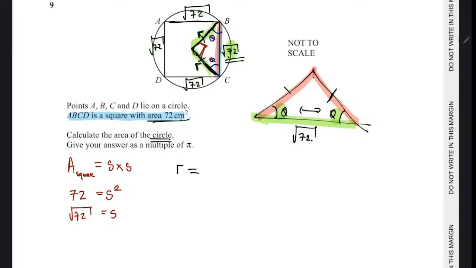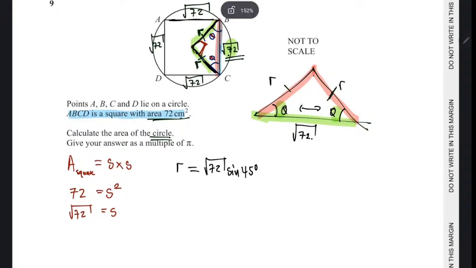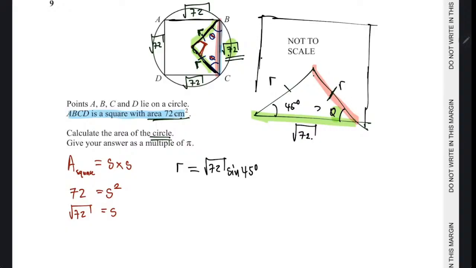This r and this r. Remember, it is smaller. So to get r, it will be root 72 sine 45 degrees, or root 72 cos 45 degrees. This would be a 45 degree angle coming from your square. We're going to both sides of a square. This has to be 90, which means this is 45, this is 45 degrees.